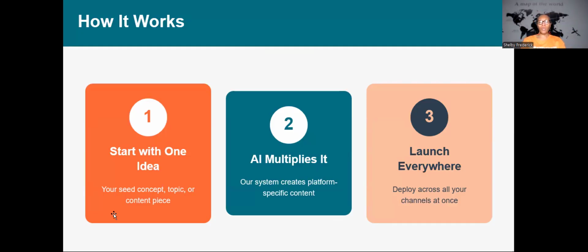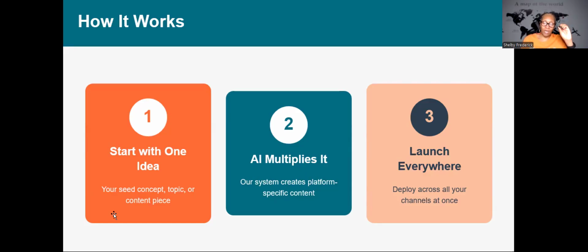Your seed could be a concept, it could be a topic, a content piece. For those who are authors, it could be just one thought from your book. It could be many various things, but you start with one idea, and what AI does is it multiplies it.